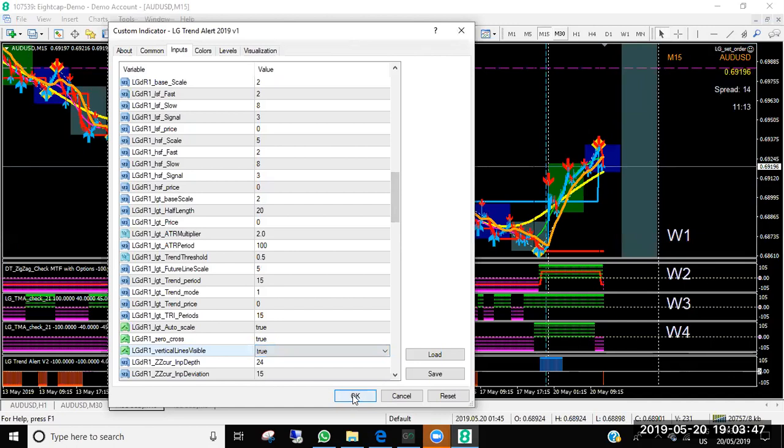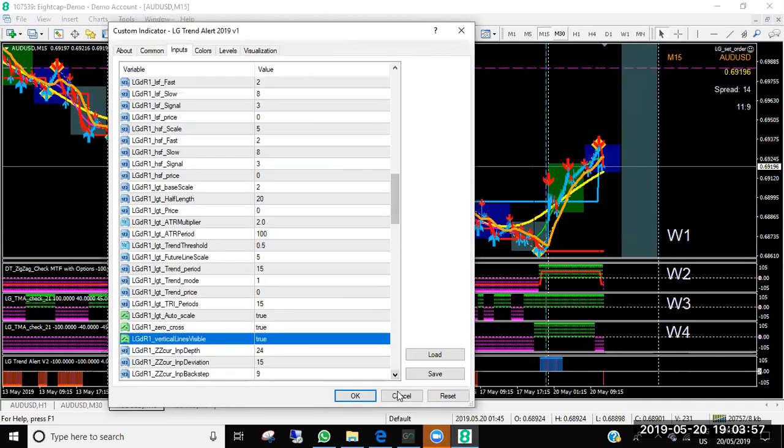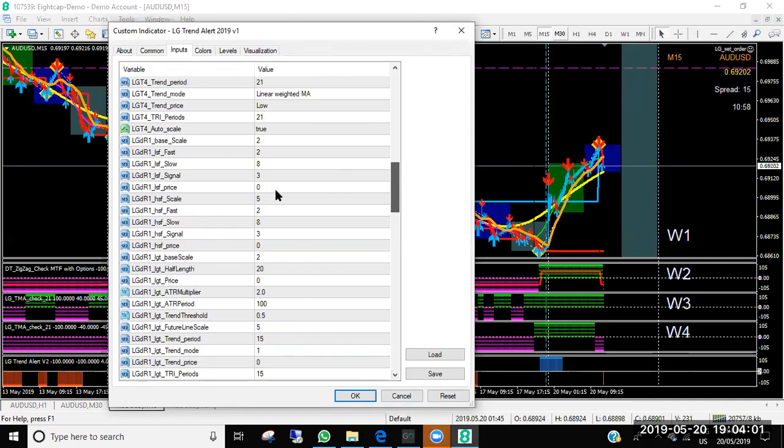Okay, all I'm doing on the LG is, although it doesn't make a sound, it will draw the second river line. Okay. So as you can see, LG River 1 uses the base, a higher time frame river.